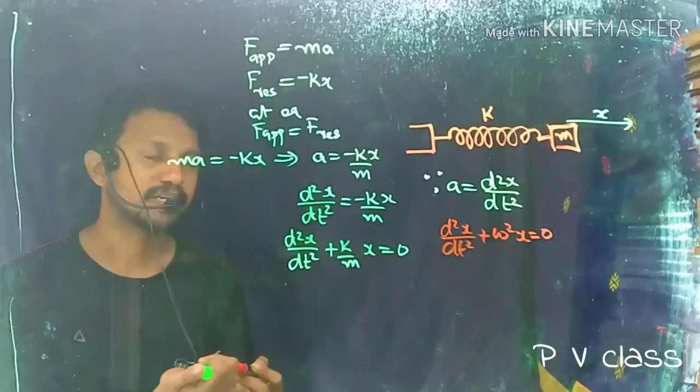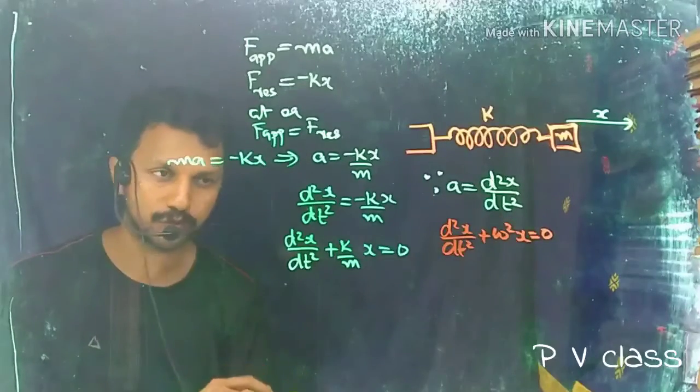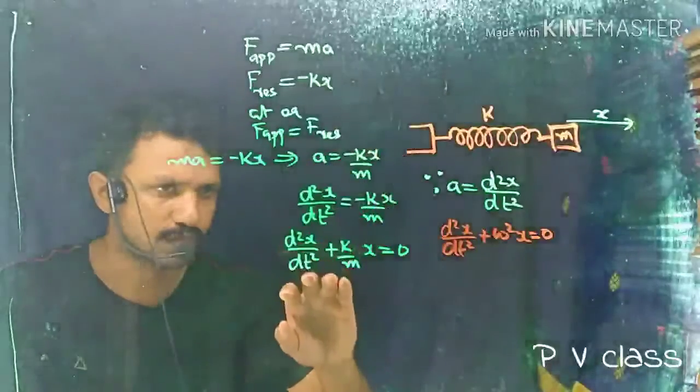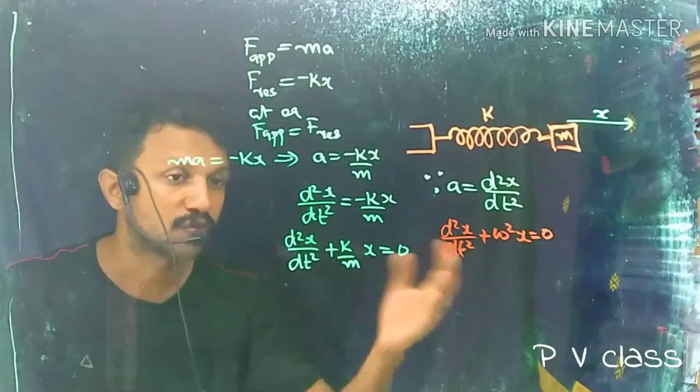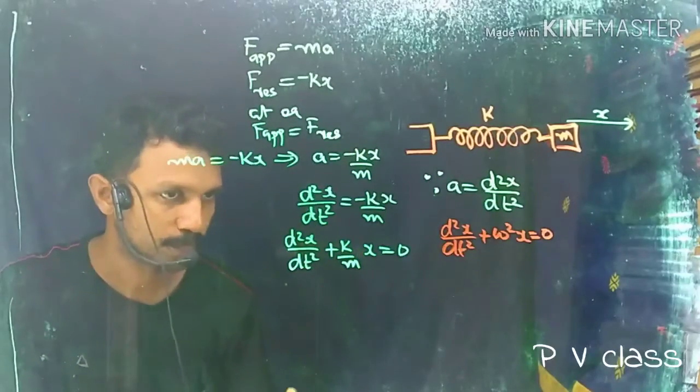This is the standard equation for SHM. The equation that we have obtained from our spring is like the second order differential equation of SHM. Therefore, we could conclude that the spring is executing a simple harmonic motion.